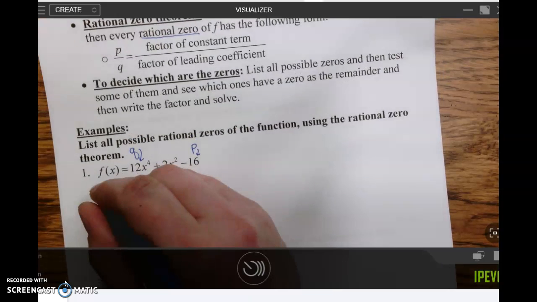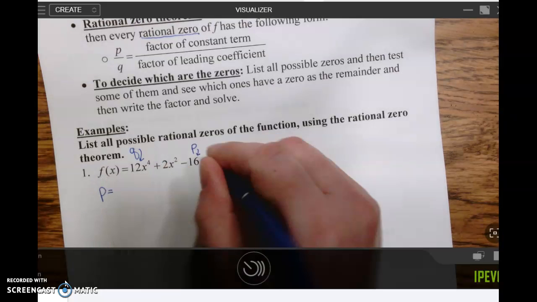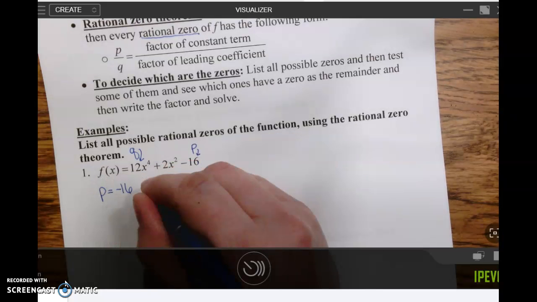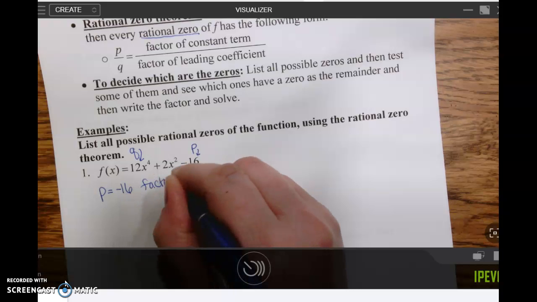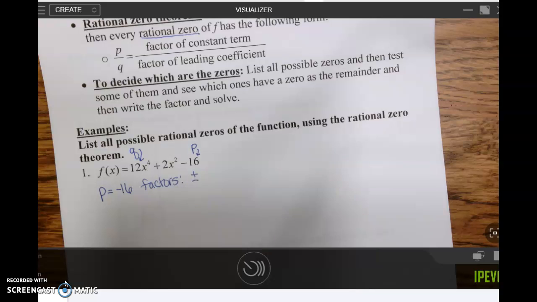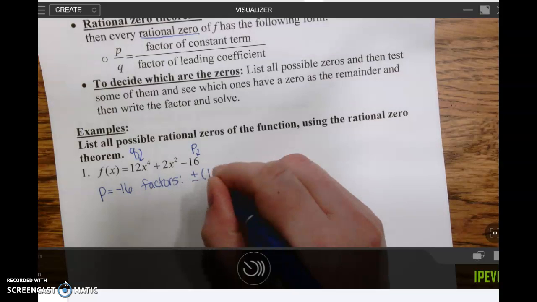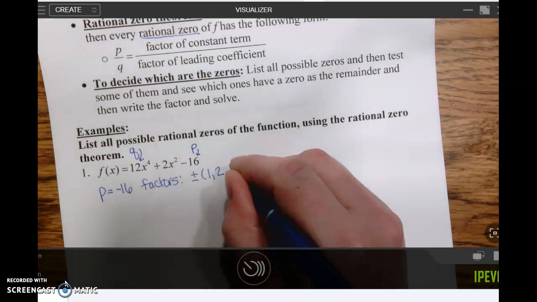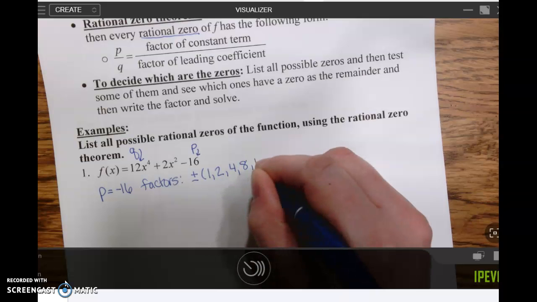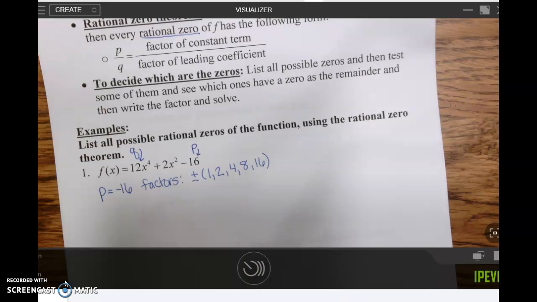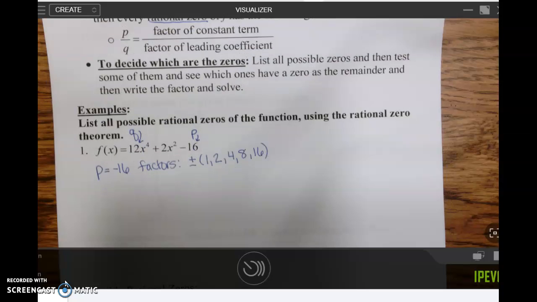So if I think about P being negative 16, the factors would be plus or minus, either positive or negative, 1, 2, 4, 8, and 16. These are all the factors that multiply to be positive or negative 16.